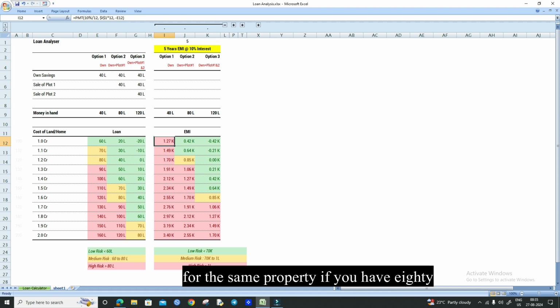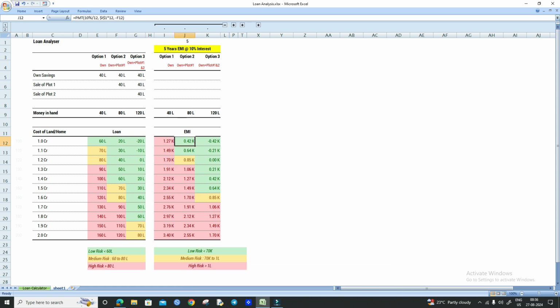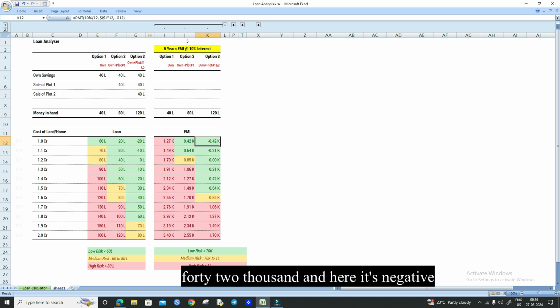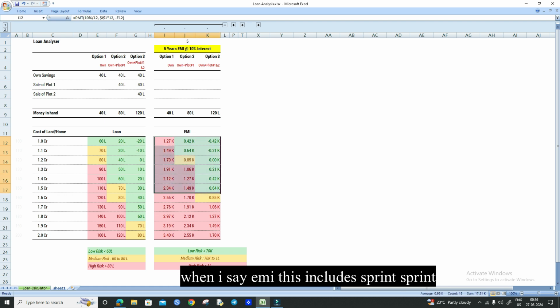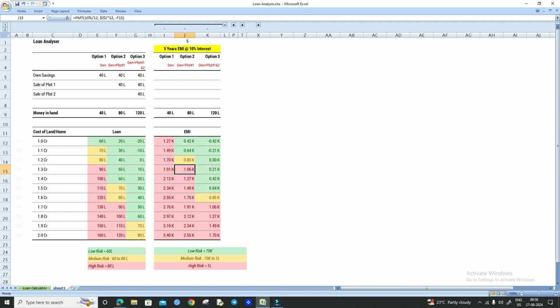And for the same property, if you have 80 lakhs and have taken 20 lakh of loan, you might have to pay only 42,000. And here it's negative, which means you don't have to pay any EMI because you're already covered. When I say EMI, this includes principal and interest.